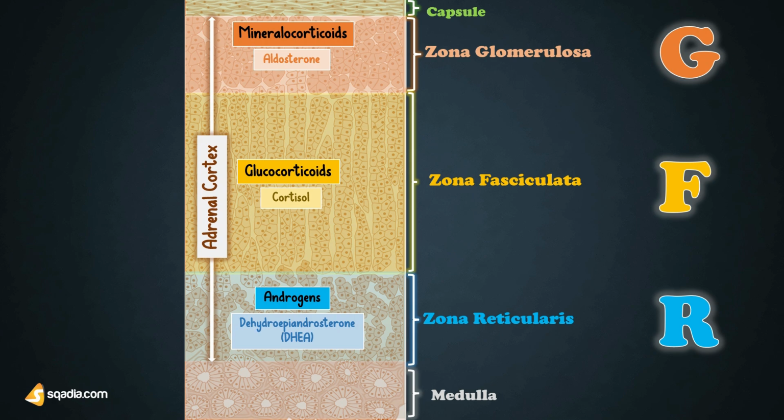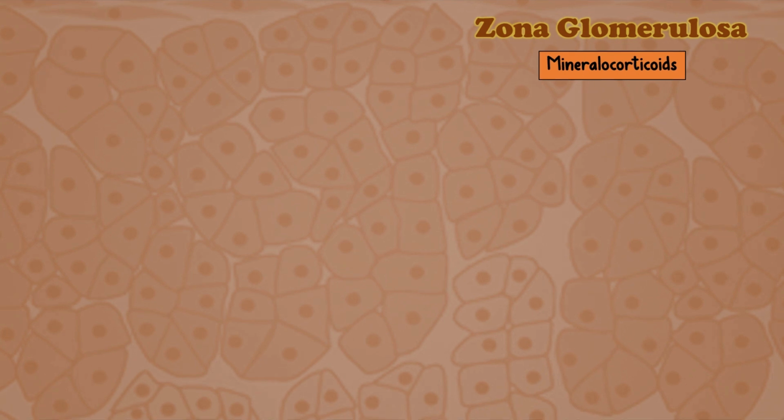Now, starting with what is happening in the outermost layer of adrenal cortex, the zona glomerulosa, the adrenal steroidogenesis that occurs in the adrenal cortex always starts with cholesterol. Either it be the plasma membrane cholesterol or the cytoplasmic pool of cholesterol.